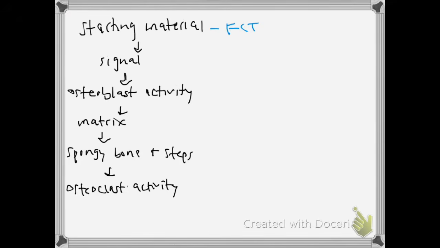So what's the signal going to do? It's going to cause osteoblast activity. So this signal is going to cause the accumulation of osteoblasts. I'm just going to do OB for osteoblasts. And it's going to accumulate at the center of ossification.